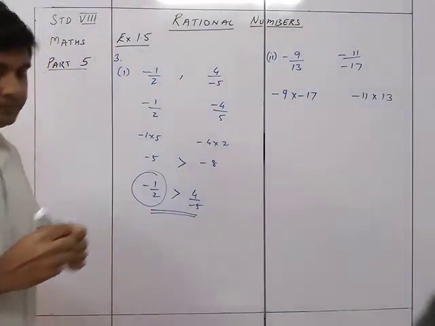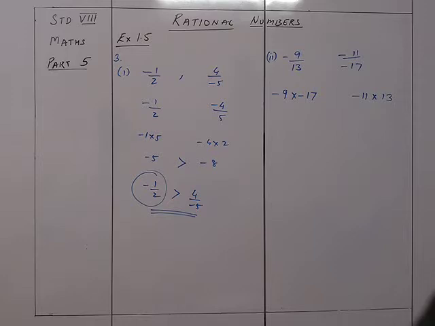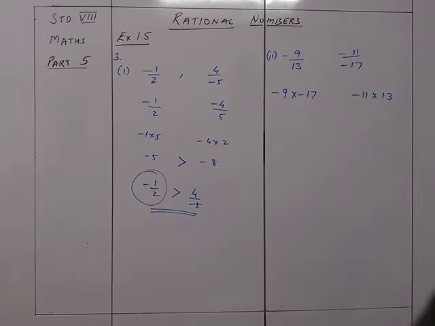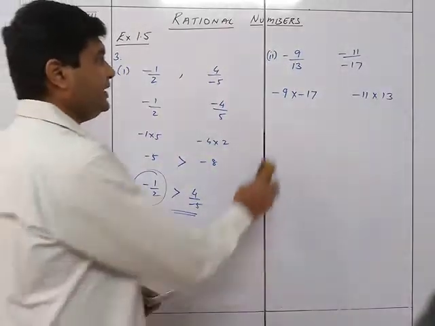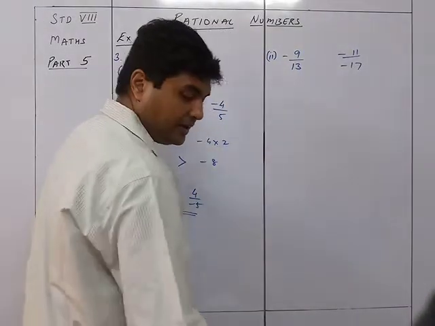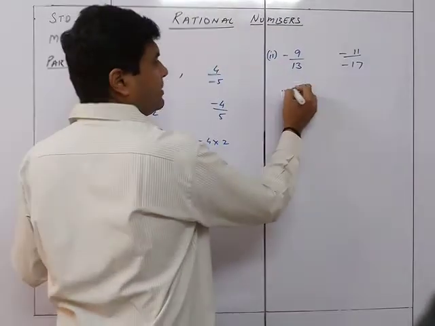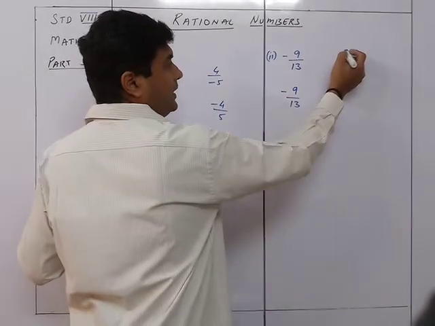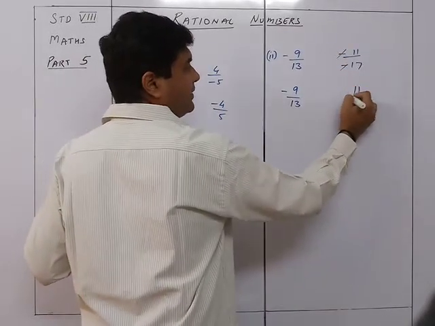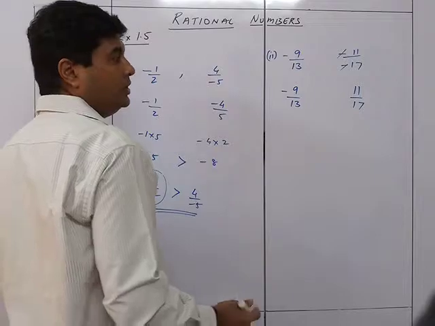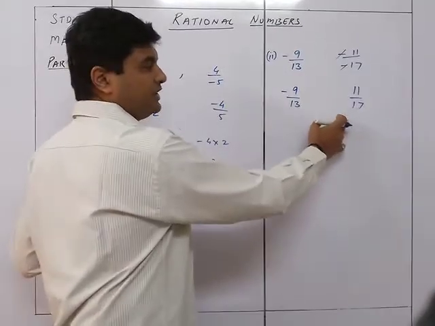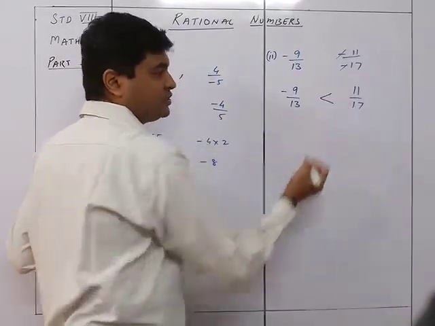One sec. You can see over here again, I did the same mistake. I need to cross check first. So here this will become minus 9 upon 13, but here the minus will get cancelled and become 11 upon 17. So you can see that this is negative and this is positive. So we can make out that this is greater.